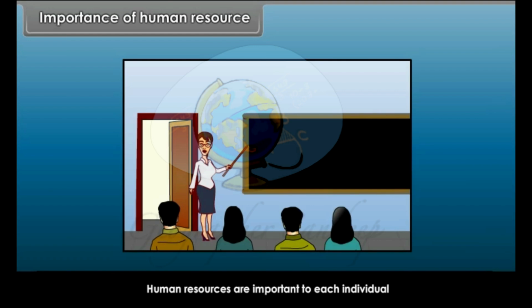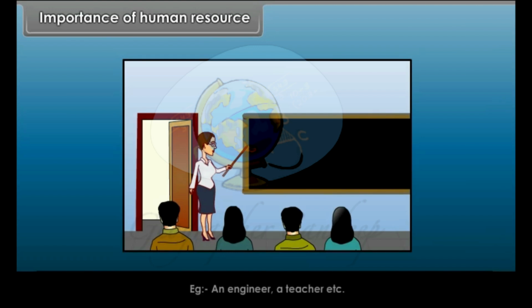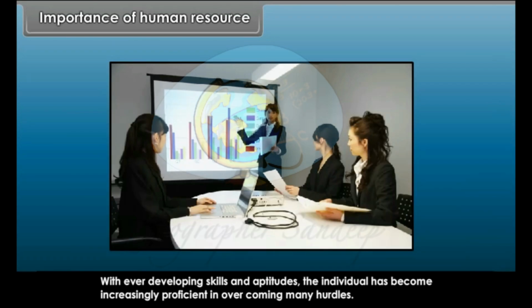Human resources are important to each individual because they assist other people in improving and using their capacities and potentialities to the utmost. Example, an engineer, a teacher, etc. With ever-developing skills and aptitudes, the individual has become increasingly proficient in overcoming many hurdles.